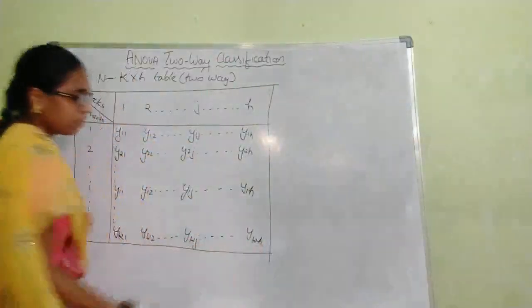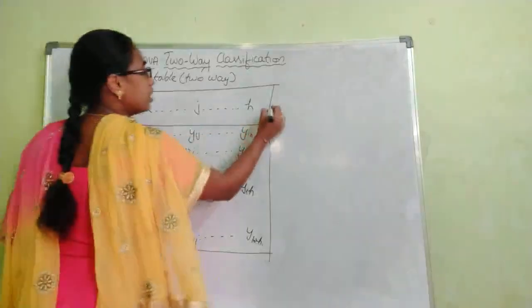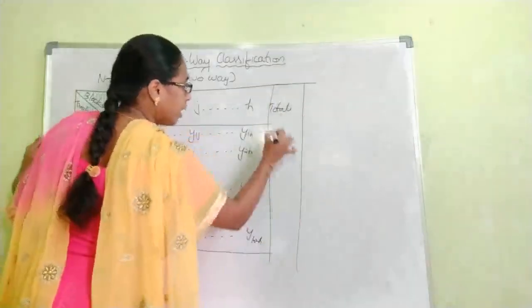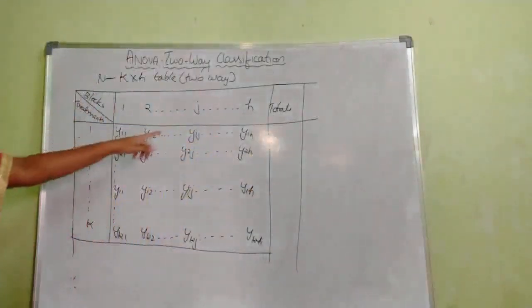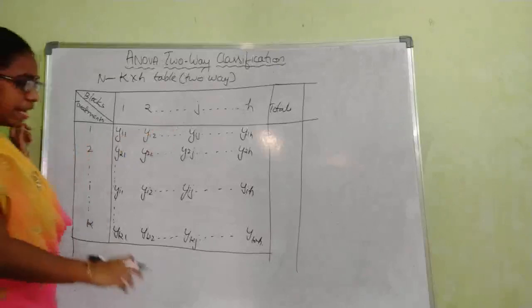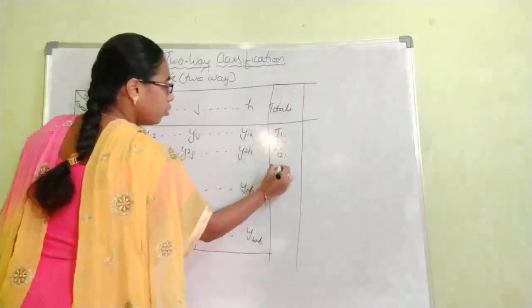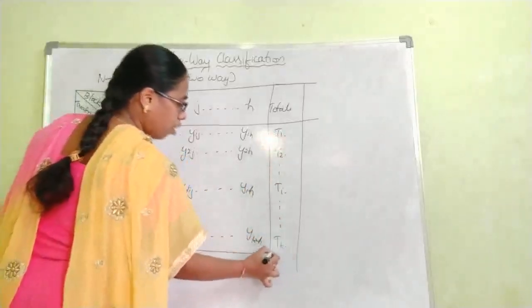So for the observations, we have written the totals and also the means, right? So write down the totals. Here we are going to write the totals of the treatments. This row is the total of the first treatment. This row is the total of the second treatment. So how will you write this? T1 dot, T2 dot, Ti dot, so on, Tk dot.